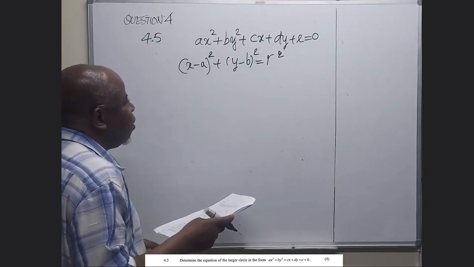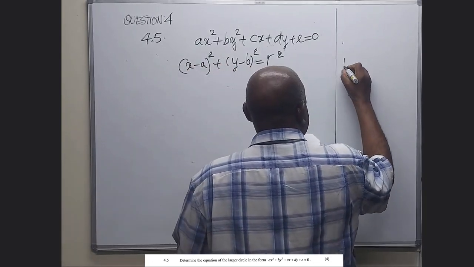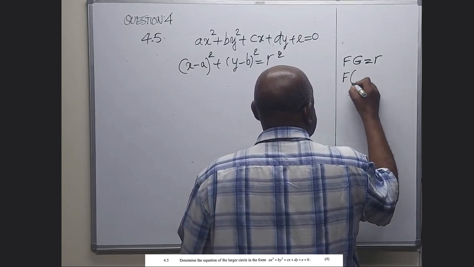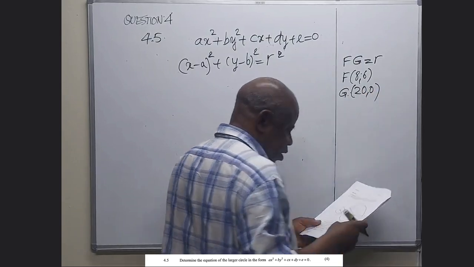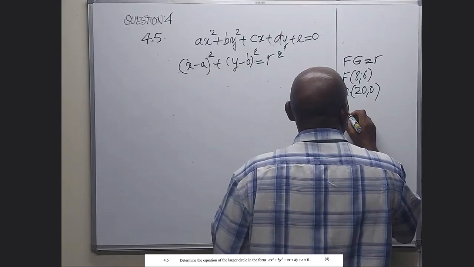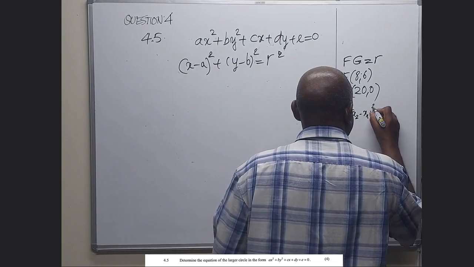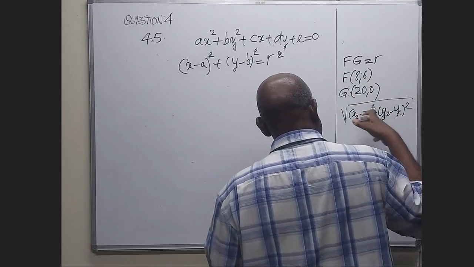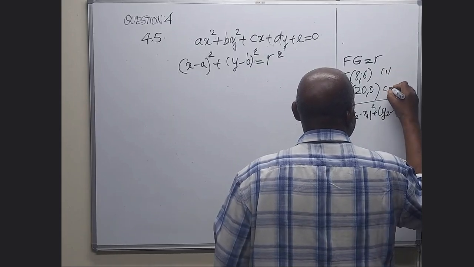Now, our radius, let me calculate here, FG. The distance FG will be our radius. The coordinate of F is (8, 6). The coordinate of G is (20, 0). Let's calculate this distance: the square root of (x2 minus x1) squared plus (y2 minus y1) squared. If I consider the square of this, it will be our radius squared.